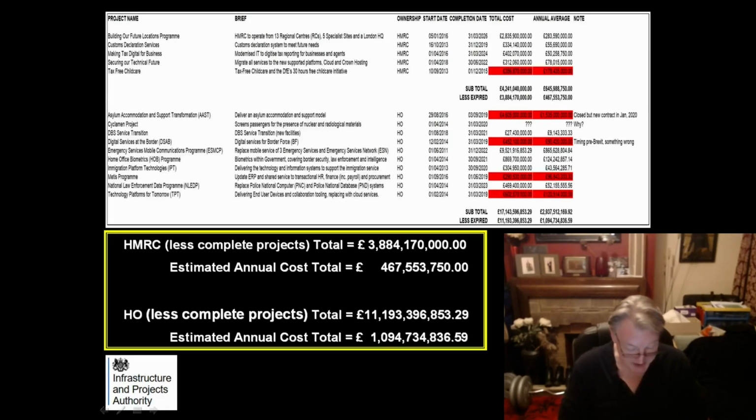So, HMRC. Right, what have I picked up here? Sensitive data, securing our technical future. All right. Yeah, again, this one is around the terminology that they use, because it's got in there around using cloud hosting. Well, cloud hosting is one of those terms that basically doesn't really mean an awful lot. It just means somebody else's servers. So the question would be, whose servers?